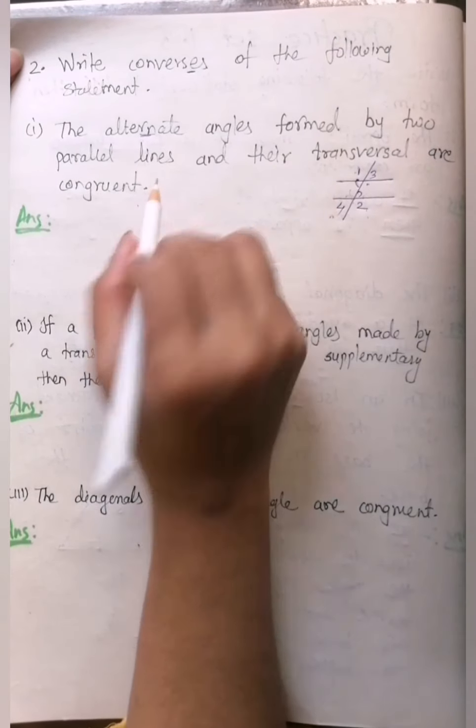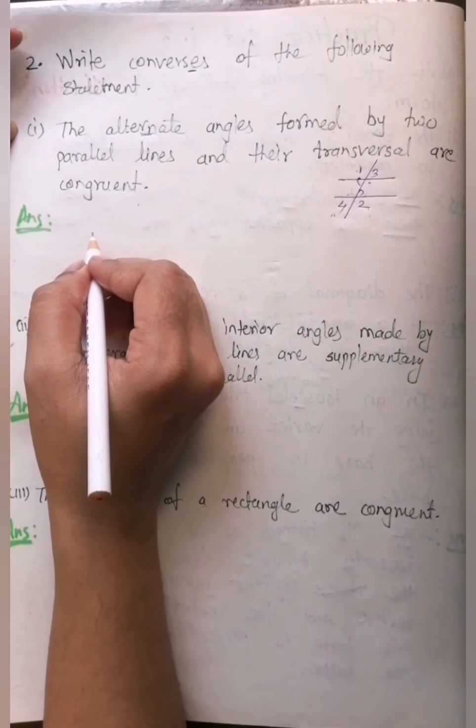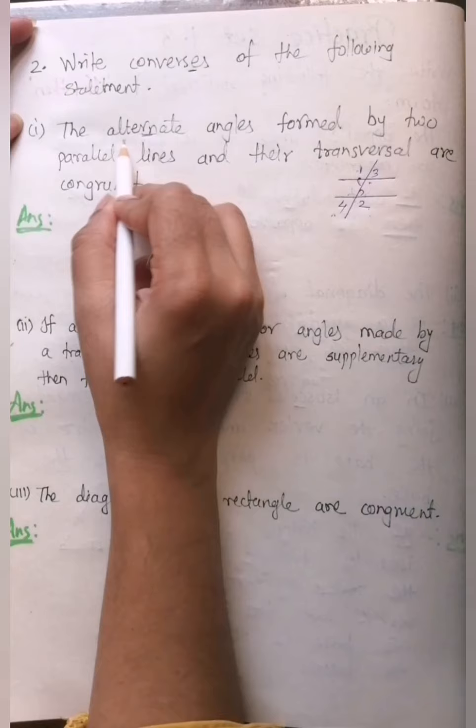Now apply the if-then form. So start with the "if": alternate angles. We have alternate angles, right?